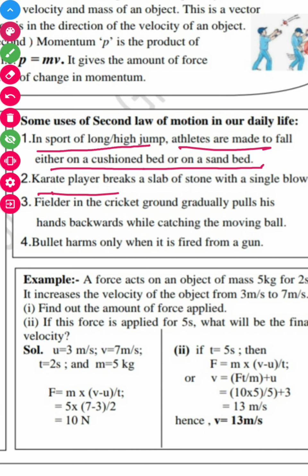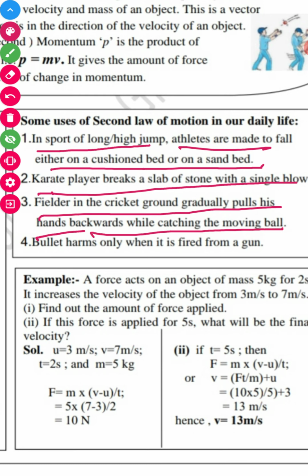A karate player breaks a slab of stone in a single blow. A fielder on the cricket ground pulls his hands backward while catching the moving ball. A bullet harms only when it is fired from the gun, otherwise it will not harm.